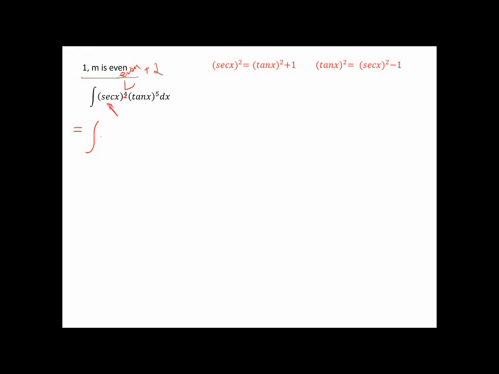So I can rewrite this into secant x squared tangent x fifth multiplied by secant x squared dx. For the extra 2, I keep it as secant squared with dx. For the even part I separated out, I use my formula to rewrite it into tangent x squared plus 1. This is secant squared tangent x fifth secant x squared dx.